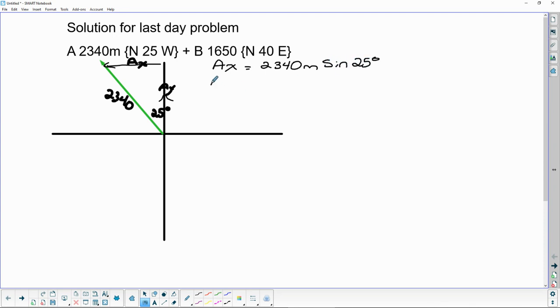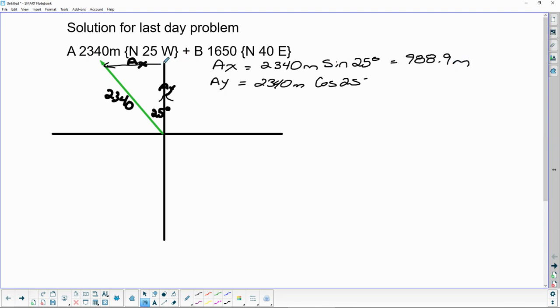Okay, and then the other one, AY, that would be the 2340 times the cosine. Okay, take your calculator out, go 2340, make sure it's in degrees, sine 25. Okay, so that's 988.9. Okay, we only have 3 significant figures, but I'm going to keep an extra one till the end.